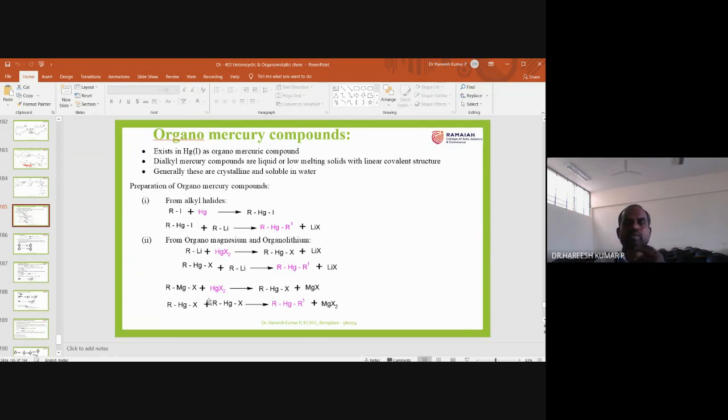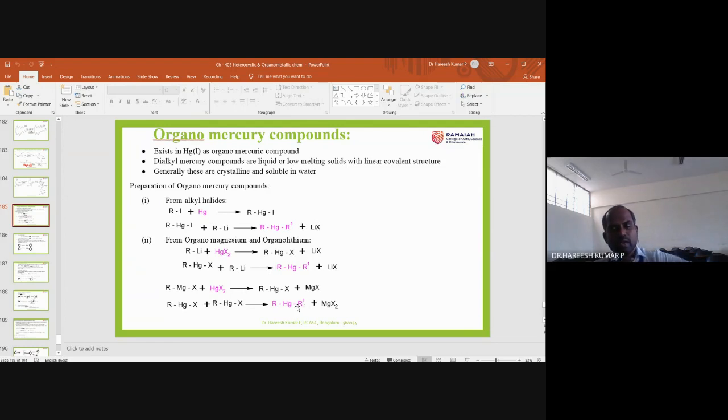Then one more method, from organometallic halides. This is an organometallic halide. When it is treated with mercuric halide, there will be a replacement: magnesium is replaced by mercury. The obtained alkyl magnesium halide can react with one more molecule of alkyl mercuric halide, giving rise to dialkyl mercury.